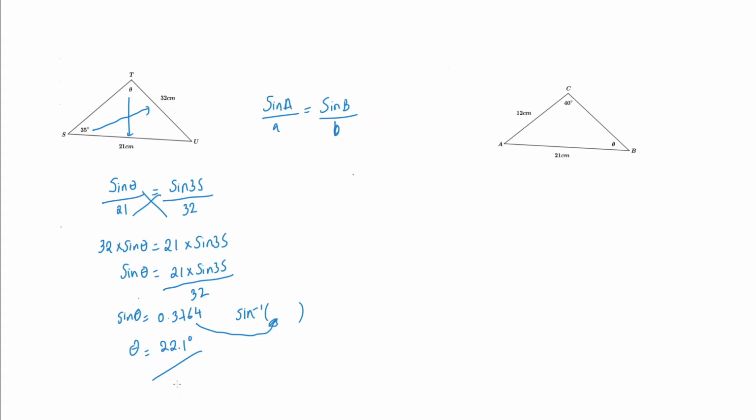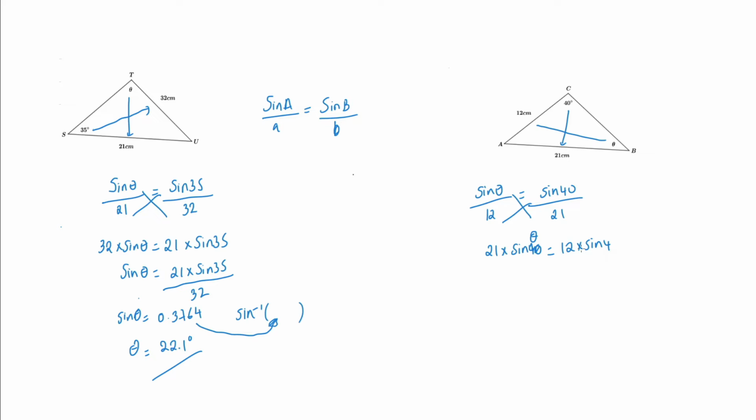Okay. So if we look at the second one, again, same thing. So I'm going to say sine theta over the opposite length, which is 12, equals to sine 40 over the opposite length, which is 21. Again, we're going to do the same thing, cross multiply. So we're going to say 21 times sine 40... no, not sine 40, it should be sine theta here. My bad.